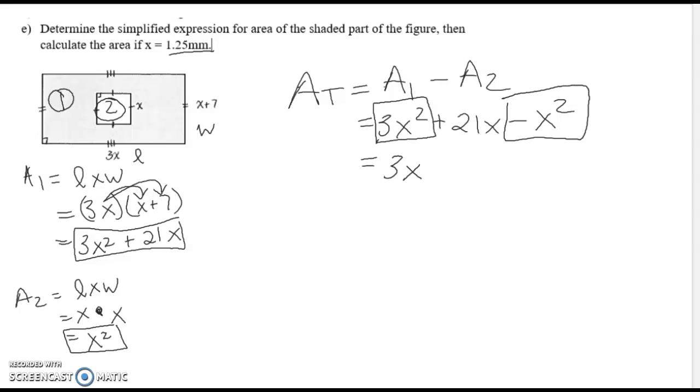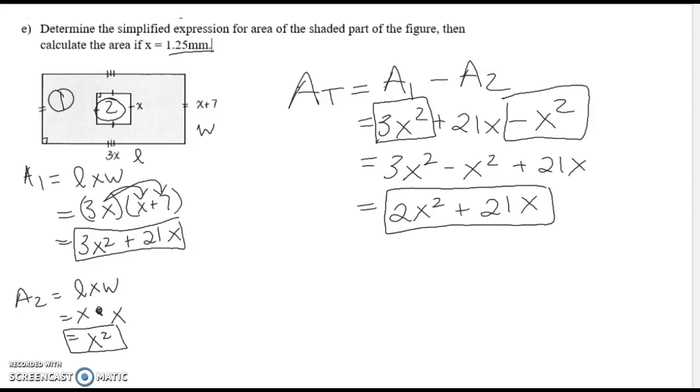So we have 3x squared minus x squared, and then we just have plus 21x. Okay, so 3x squareds take away 1x squared, you're left with 2x squareds, and then plus 21x. Okay, now that's your final answer here.